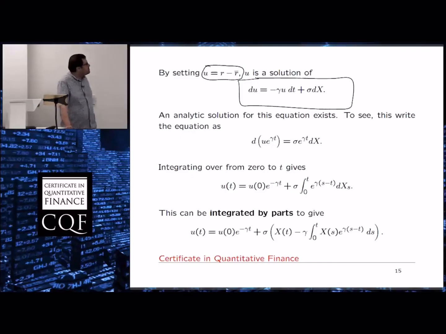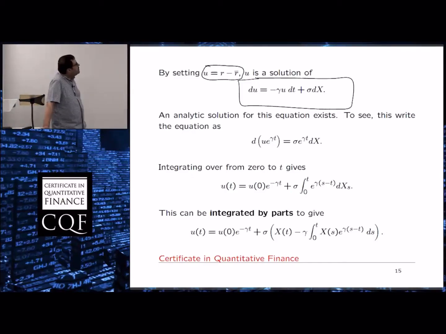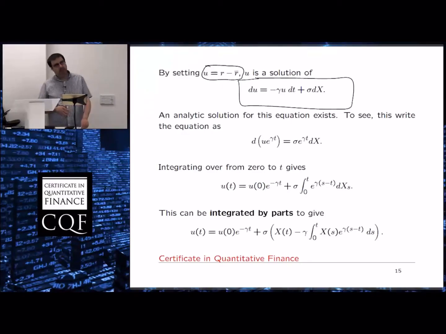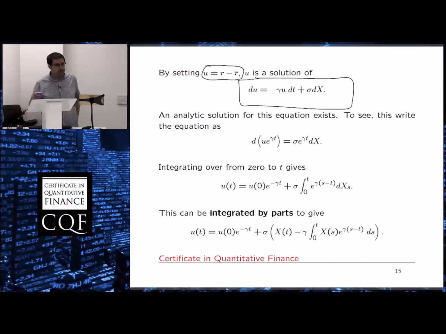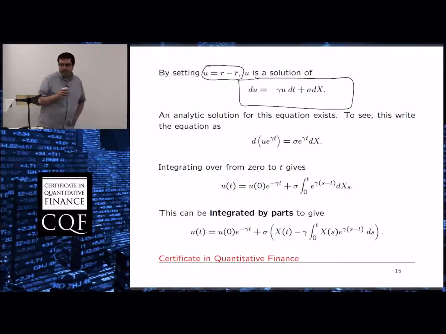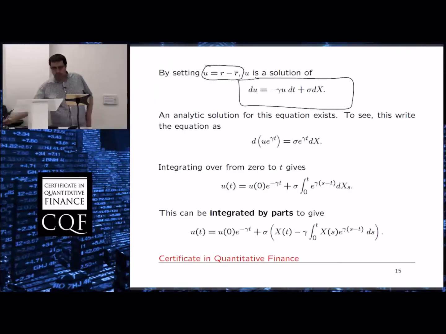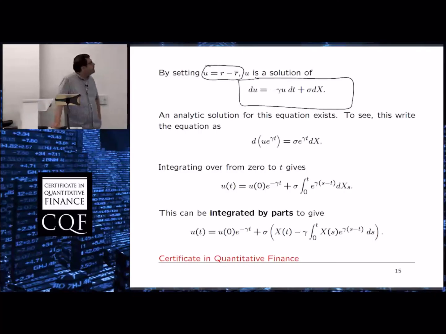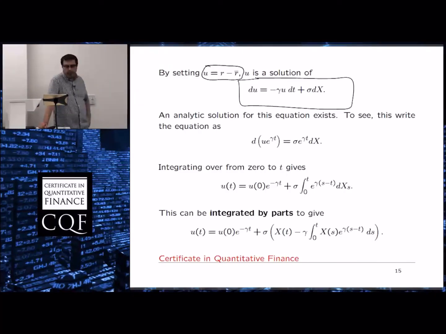Now that's a famous result in mathematics or theoretical physics. Anyone recognize that? I'm sure Michael will spot it. Anyone here? A well-known equation. Anyone heard of an Ornstein-Uhlenbeck process?